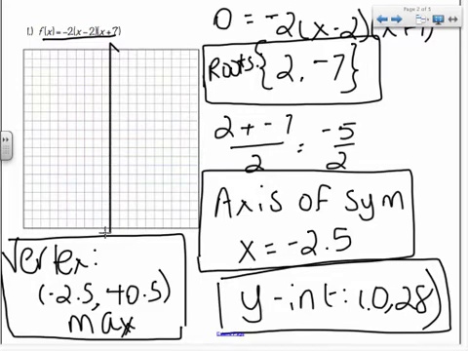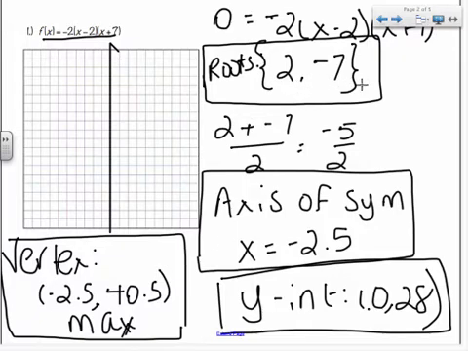Okay, and then my x-axis is going to be determined by my y values. So if I look right here, my highest y value is 40.5. The y-intercept is 28. I know the roots will intersect right on the x-axis, so that means that y will equal 0.